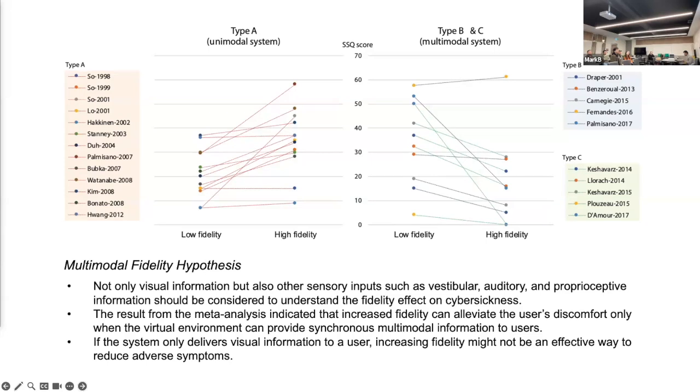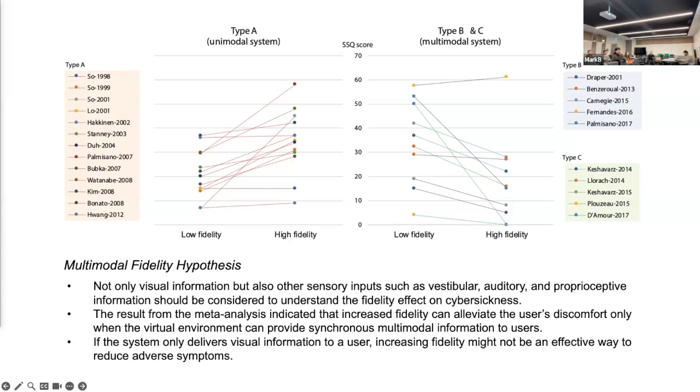But in some cases, if they show high fidelity virtual reality, then their sickness level goes down. So what makes these two opposite results?